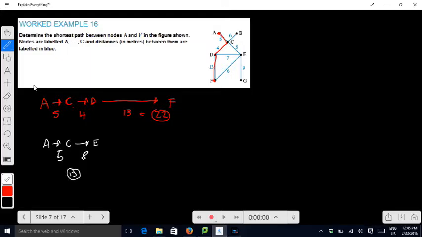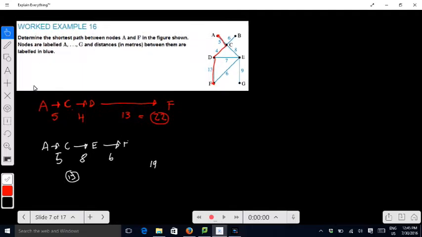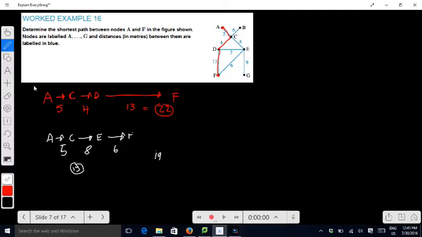And then from E I can go to F, which is 6. So 13 and 6, so that's 19. So that's already shorter than my first attempt. Alright, so this is the better option.